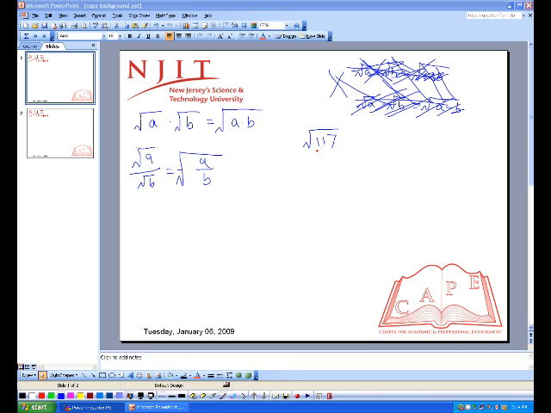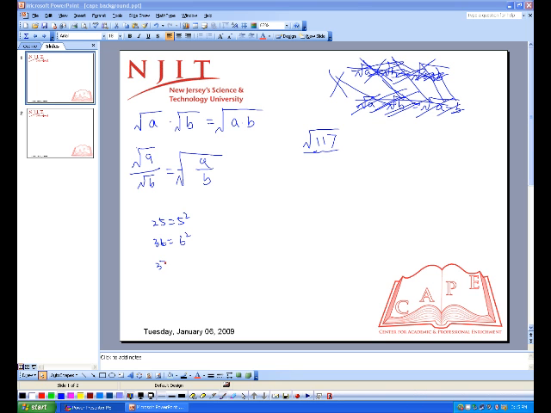Well, 117 is not really a perfect square. I mean, what's a perfect square? Well, 25 is a perfect square because 25 is equal to 5 squared, right? And 36 is a perfect square. It's equal to 6 squared.